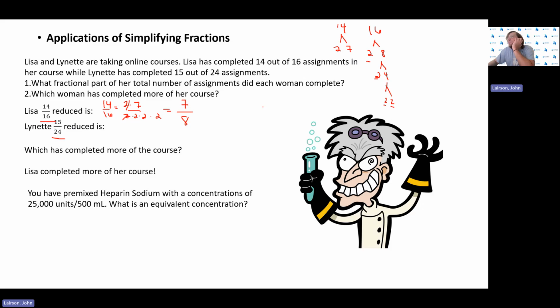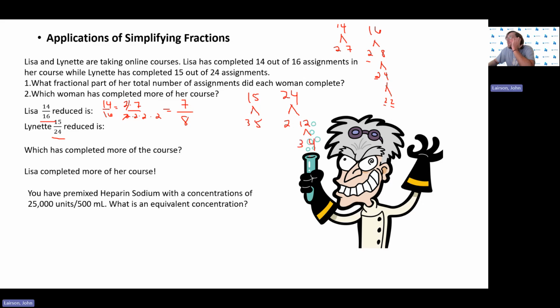15 over 24. So let's see, 15. This is 3 times 5. 24 is 2 times 12, which becomes 3 and 4.